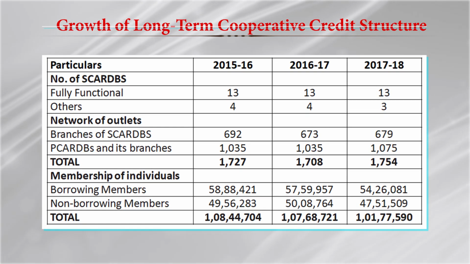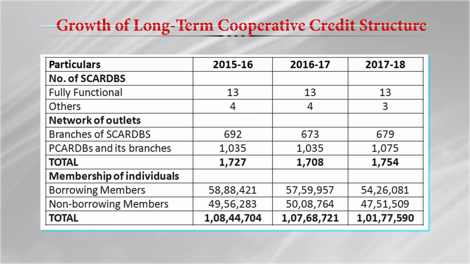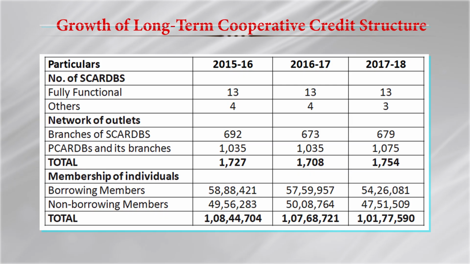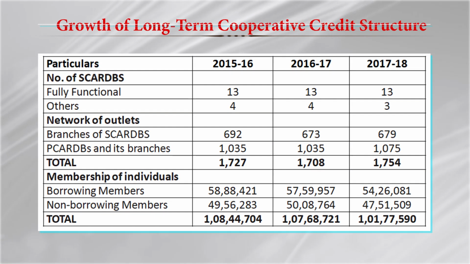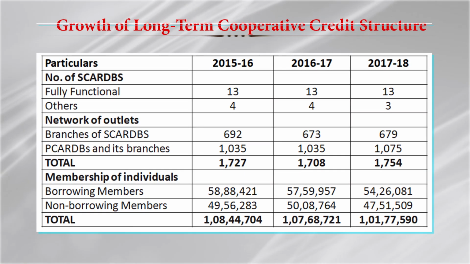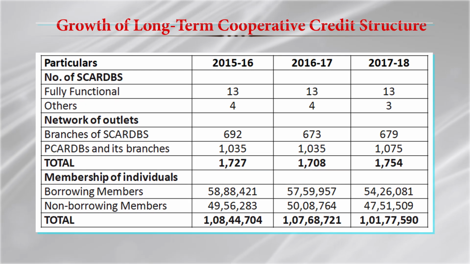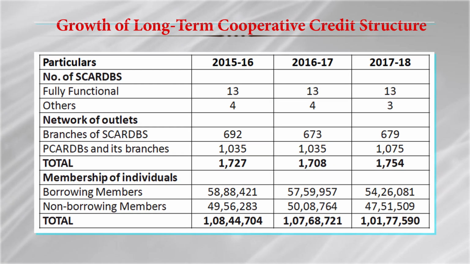So there are in total 1,754 branches for the long-term requirement of the agriculture sector, and their membership is also increasing over time. Presently, we have 1,177,590 members of the long-term cooperative credit societies.